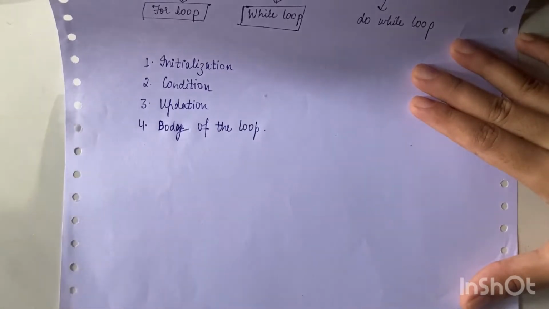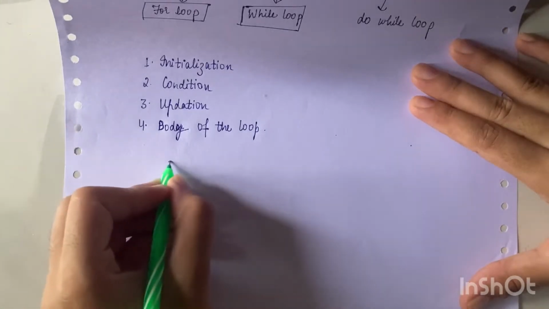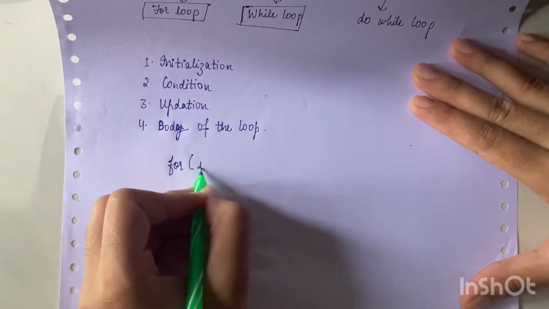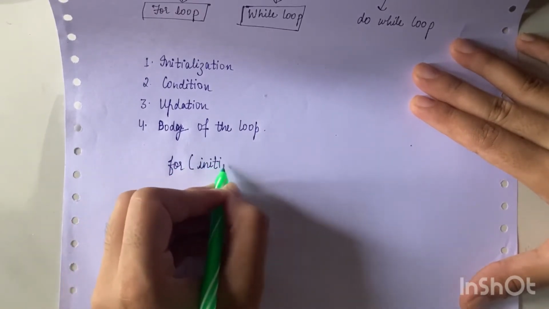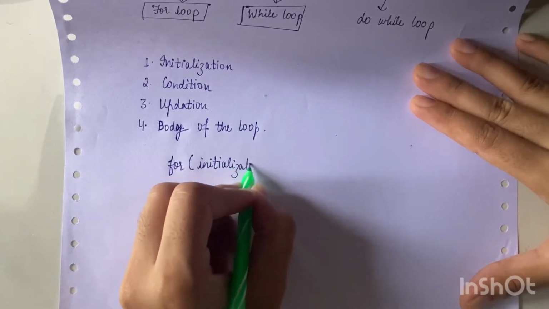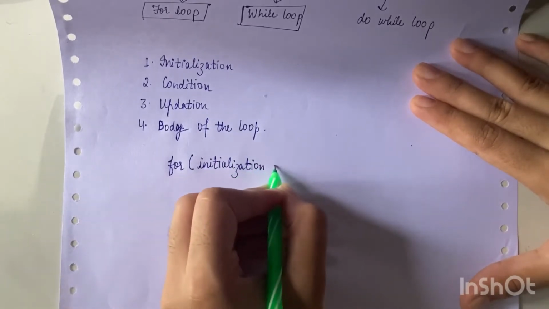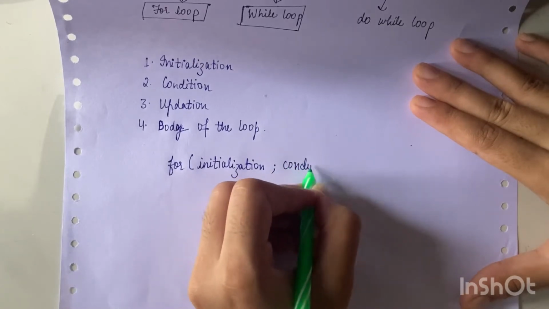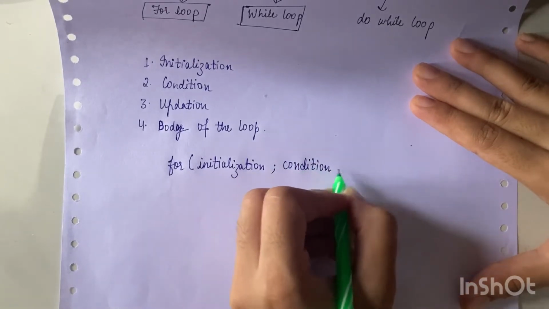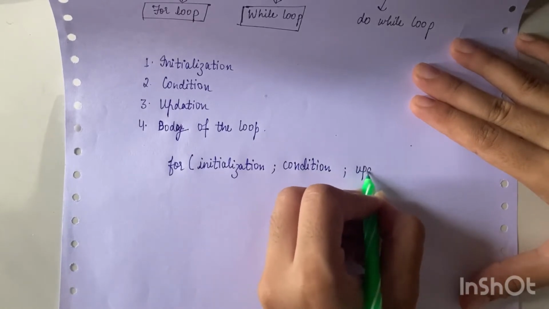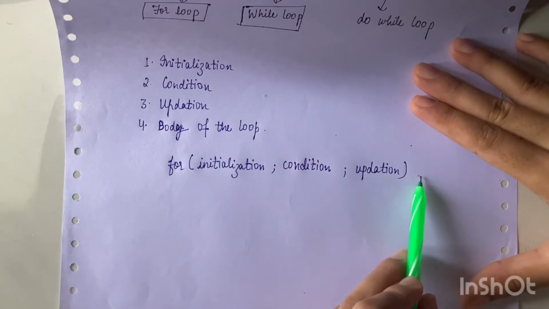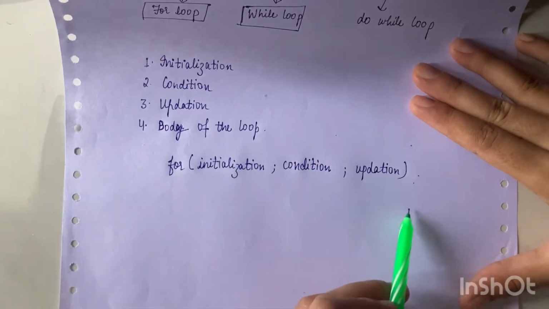So for the syntax of the for loop, we write for like this, and then in brackets first comes the initialization. The initialization part comes first, then after a semicolon comes the condition, and then comes the updation. And a for loop never ends with a semicolon, it is just a bracket.